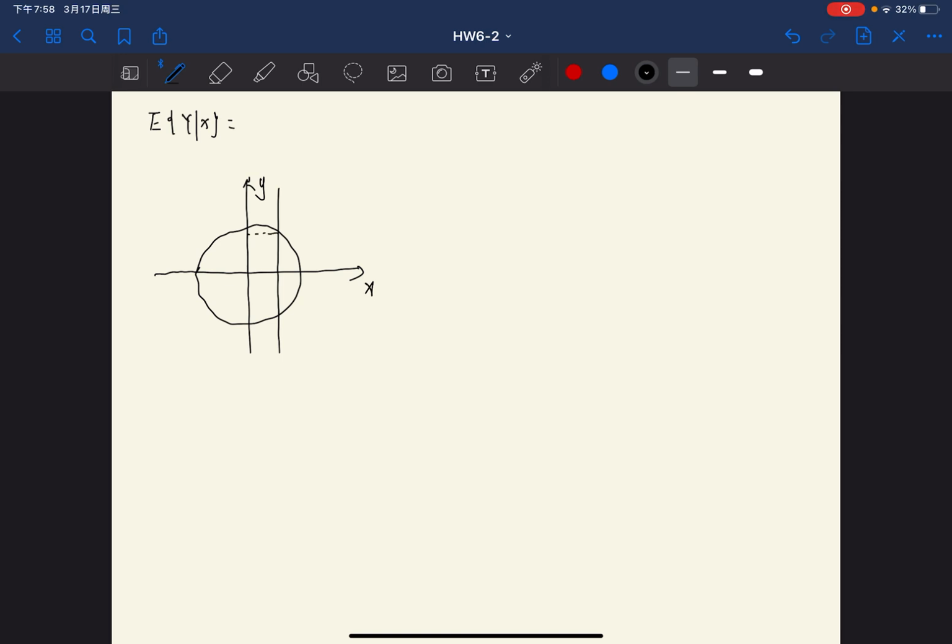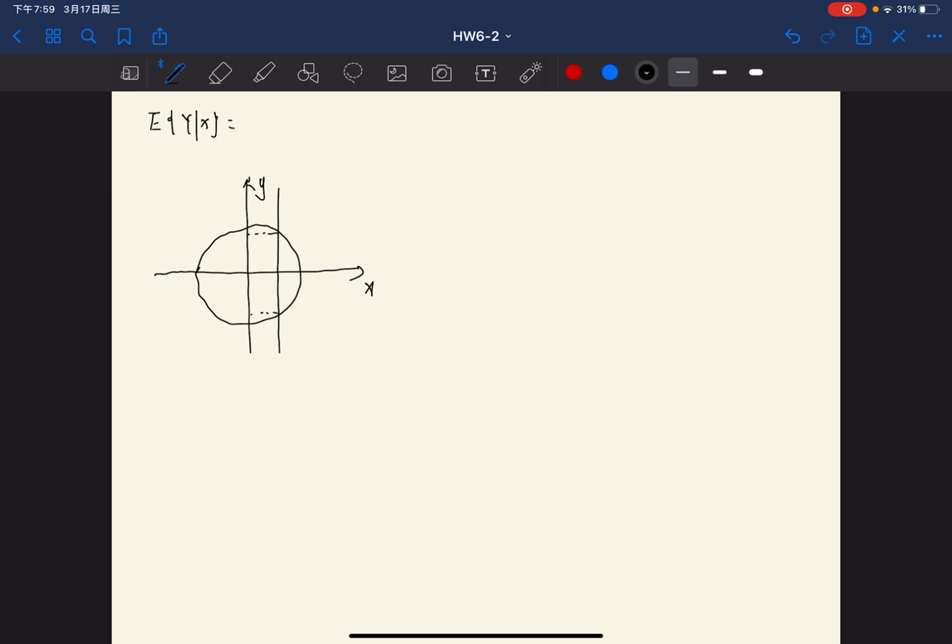And also we can calculate the expectation when x is fixed. We can also draw the circle, and we can find that when x is fixed, we can draw a line, and the line will intersect with the circle at 2 points.